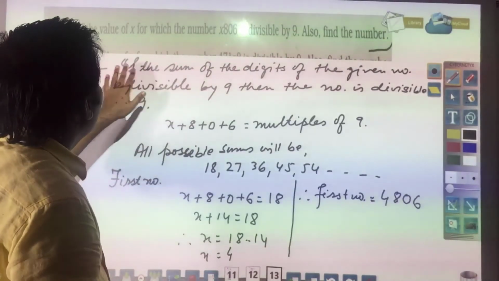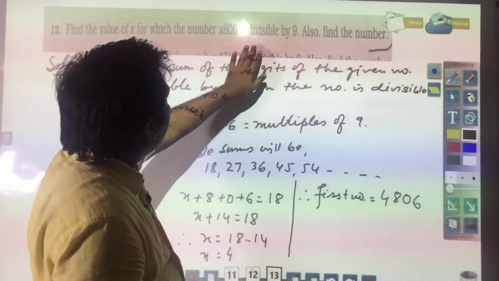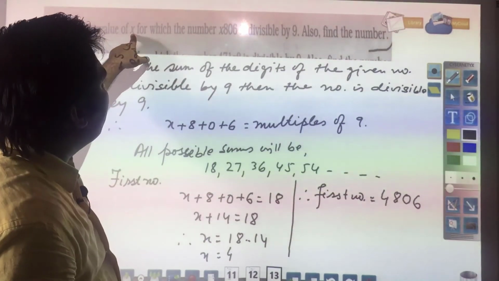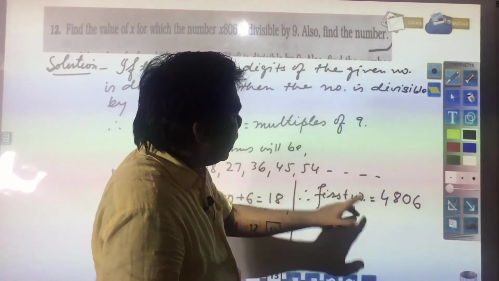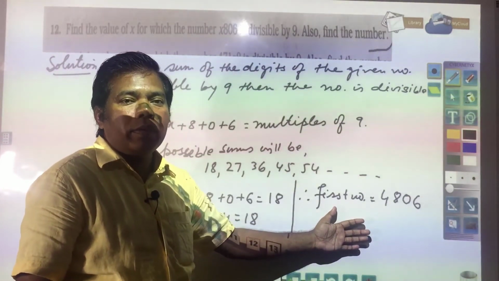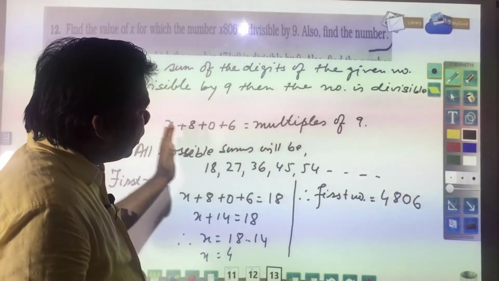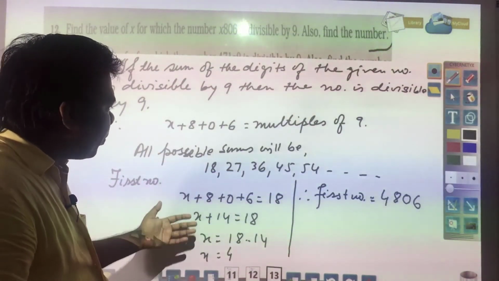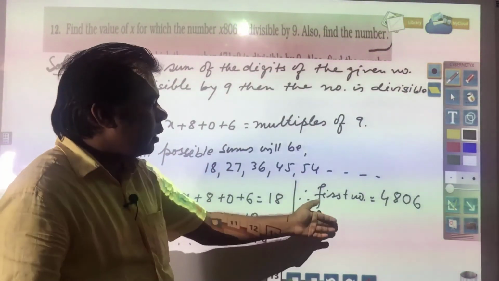Here you need not find other numbers, because you only need to find the value of x and find the number. All possible values have not been asked for, so other numbers are not required. One possible value of x you have got, and that is your answer.